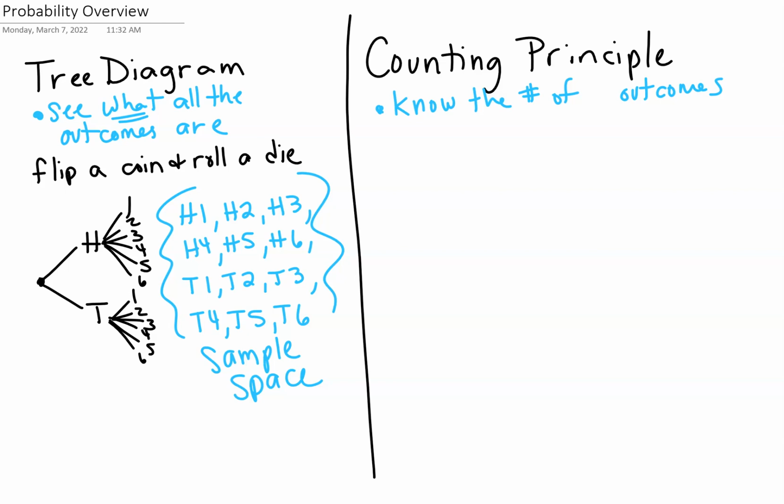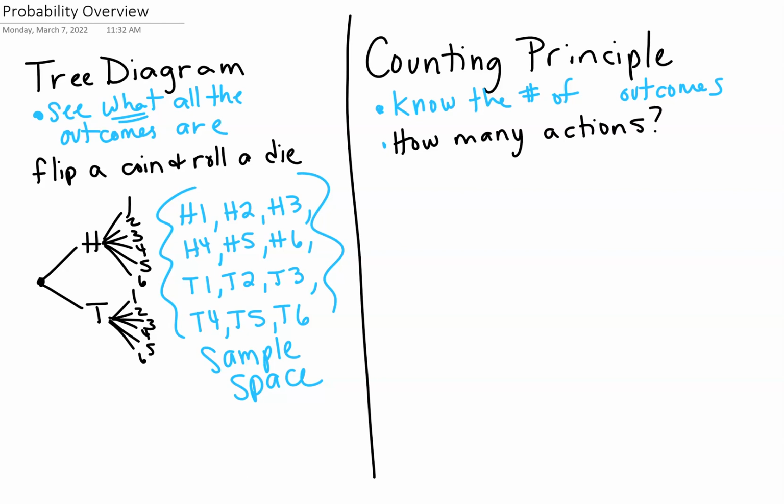The counting principle is when we multiplied all the number of options there were, right? So with the counting principle, you want to know how many actions there are. And I say actions, it could be a decision that's getting made.